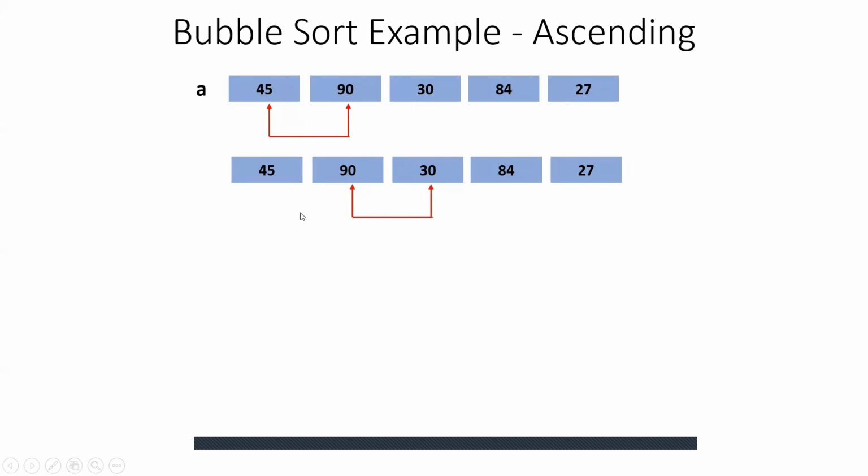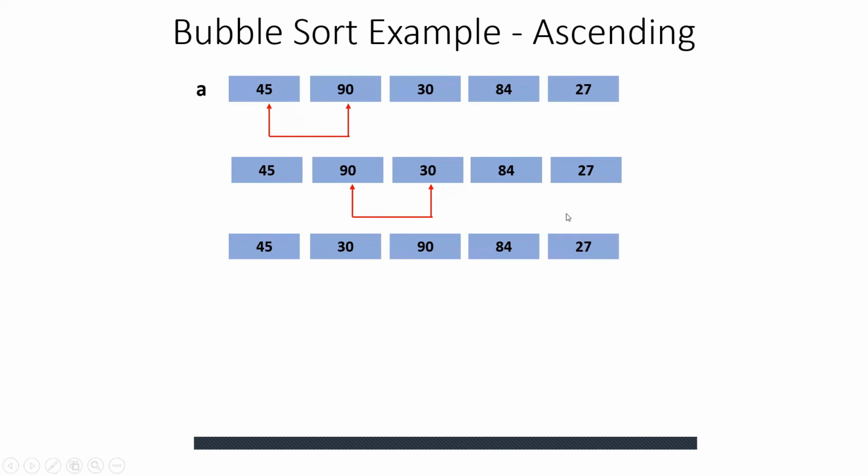So 45 will remain as it is, and we will swap 30 and 90. So 30 will come first and 90 will go second. Anytime swapping is involved, we need to make use of a temporary variable, which we will see in the code. 84 and 27, right now, we are not looking at them, so they remain as they are.